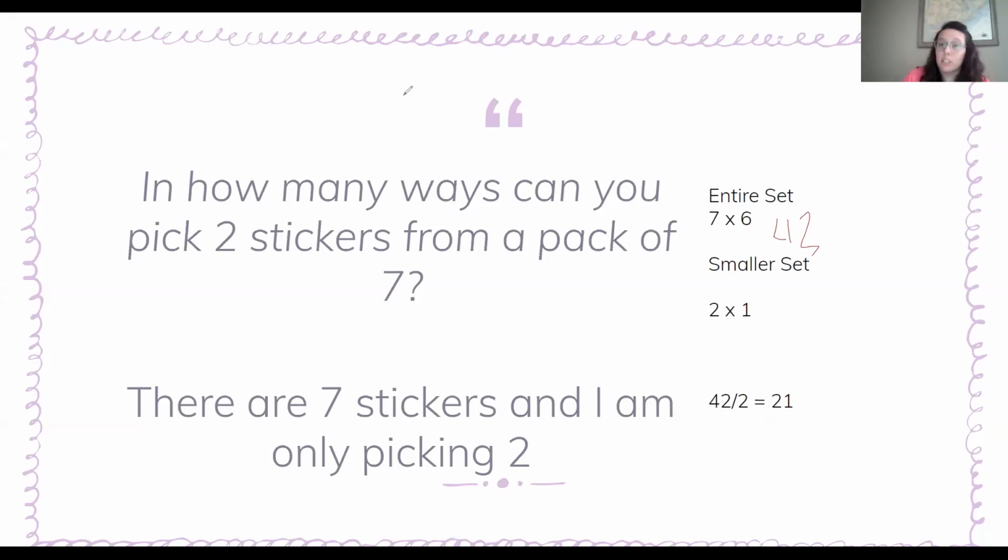That's why it's not continuing to multiply by 5, by 4, by 3, by 2, by 1. Then I have my smaller set, which is the amount of stickers. So I have 2 stickers that I'm picking. So I have 2 times 1 is 2. And then I'm going to divide 42 by 2 to get 21. So it's showing you that the number of ways you can pick 2 stickers is 21.